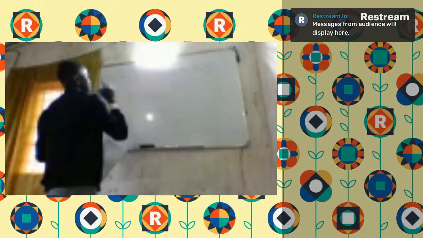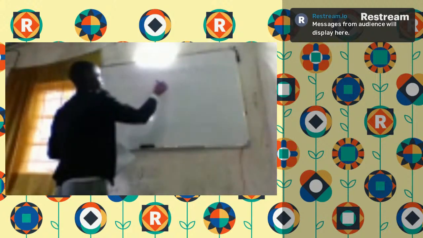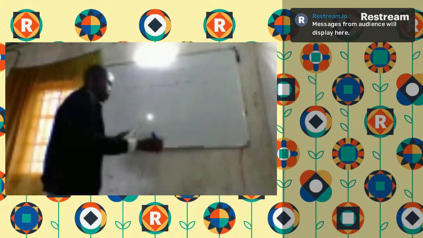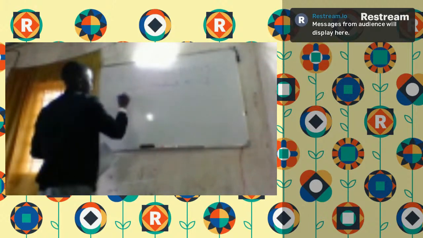So the line that is passing through these two points, the first point is (3, 2) and the other point is (5, y). And the line has a gradient of -2. The question says find y.